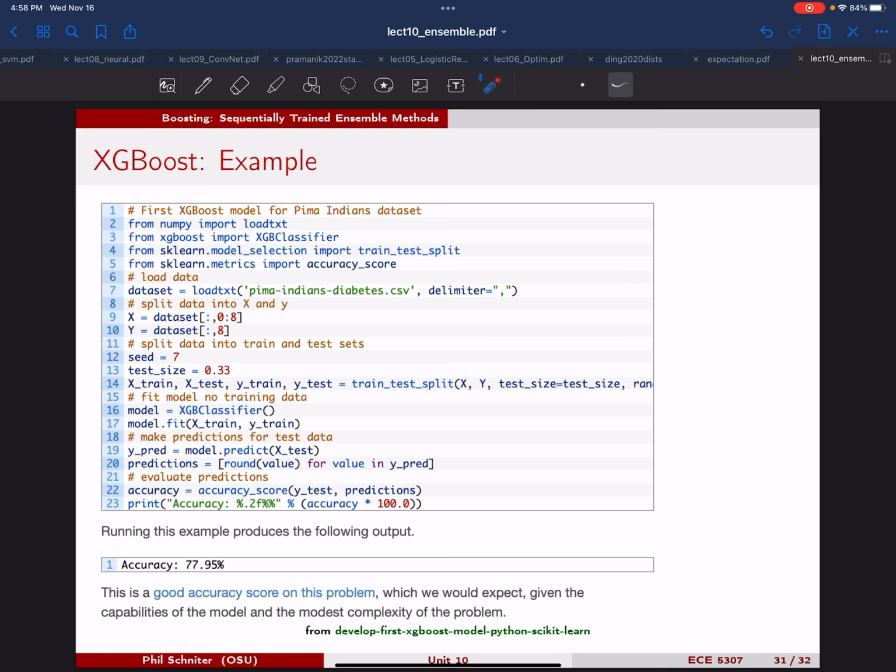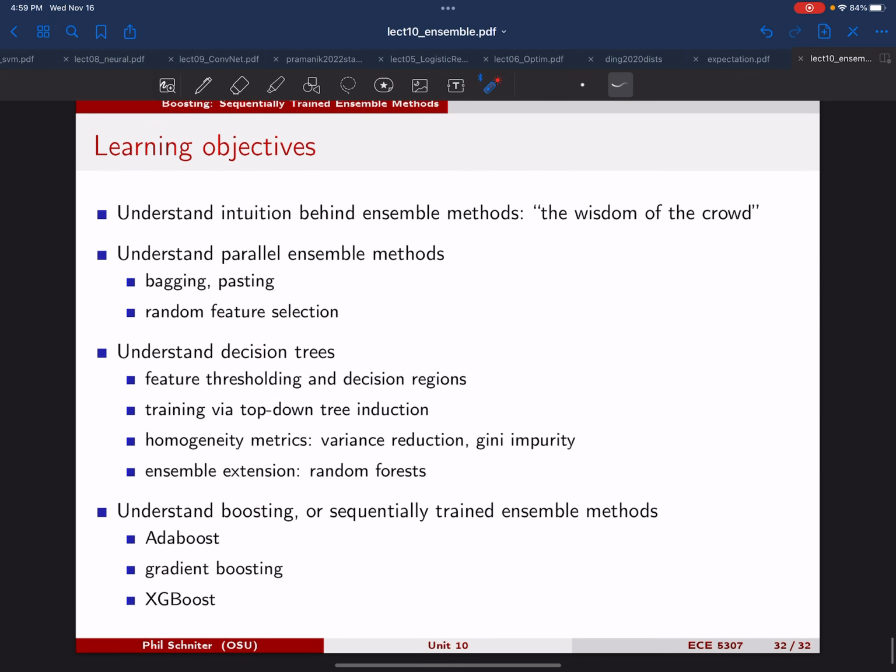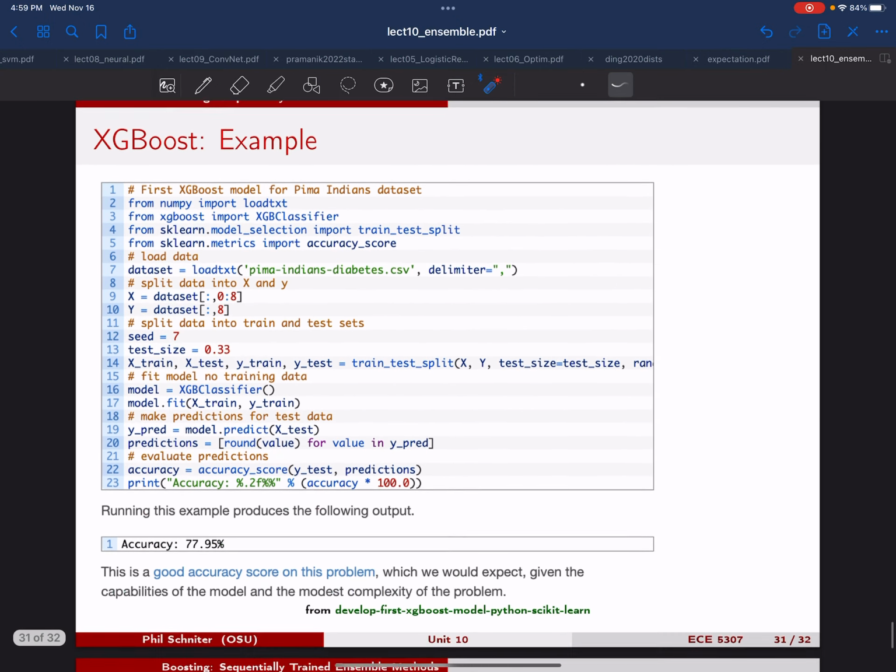You'll find that it works pretty well just with the default parameters, but you can get it to work a little bit better. And again, you'll be competing against your classmates who are trying to do the same thing. So even though it works pretty well, you're trying to do better than the average, right? So that's really all I had to say for this unit.